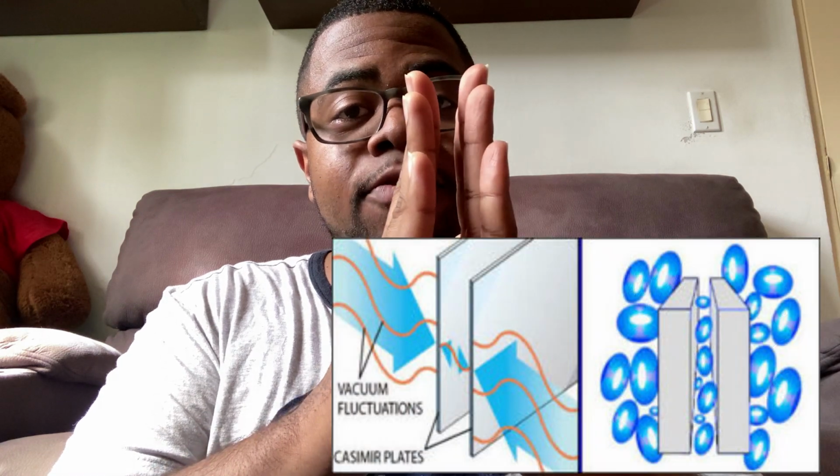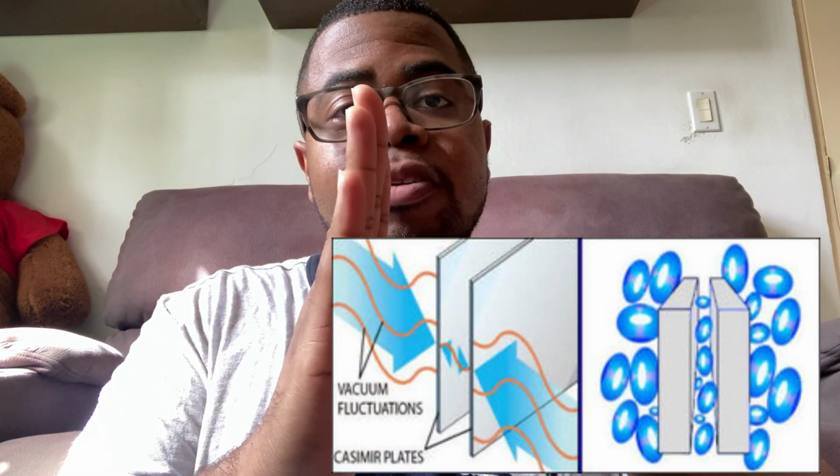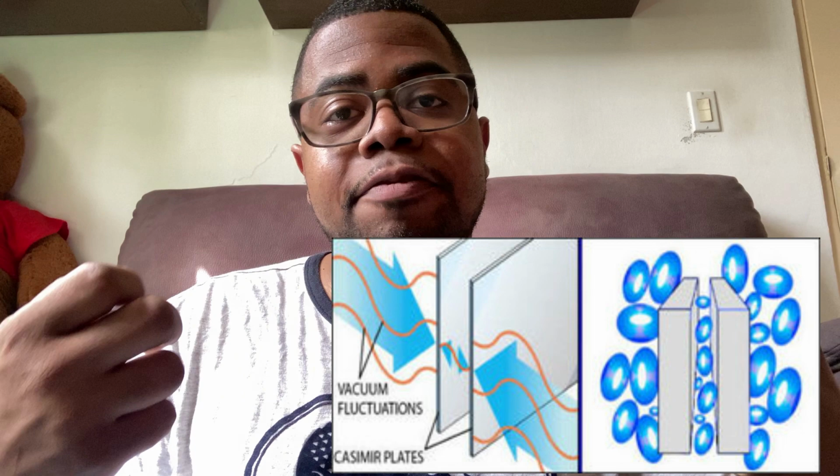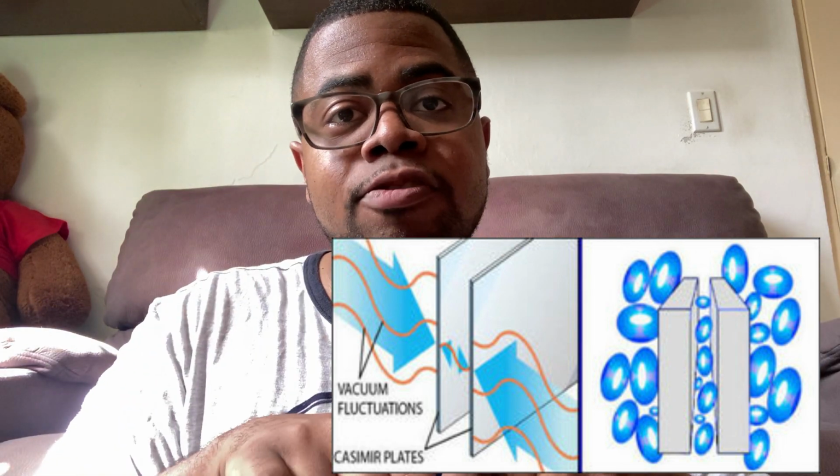The argument was that if you have two non-conducting plates, they shouldn't experience any attractive force. But it turns out that they did. And one of the propositions to explain this phenomenon was that virtual particles are created on the outer edges of these plates, with the ones on the outside having a higher concentration than the ones on the inside.